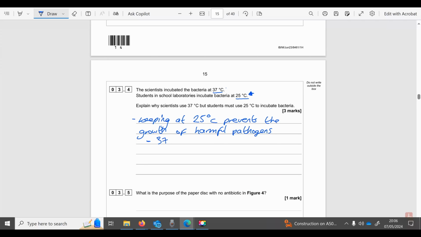Why not 42? What's special about 37 degrees? Well, what's special about that temperature is that it is the human body temperature. Now, why would a scientist want to incubate a bacteria at 37 degrees? Maybe they're interested in seeing how quickly a bacteria grows in a temperature that is relative to human body temperature.